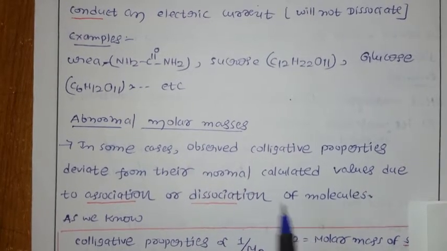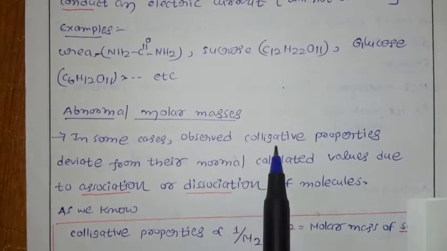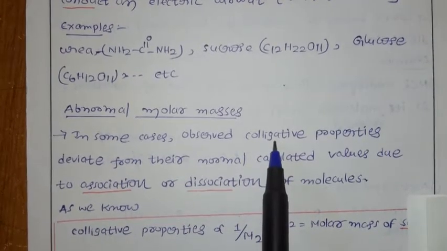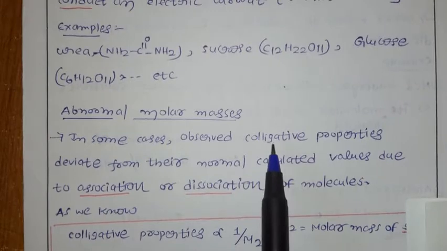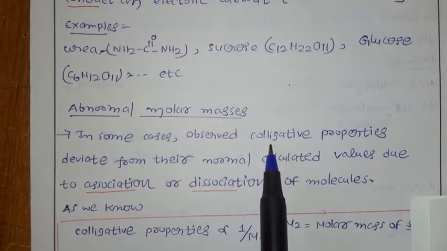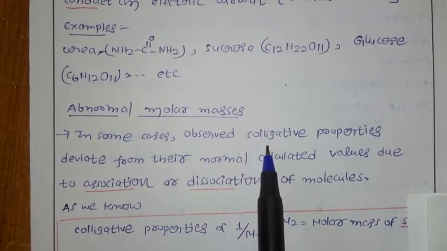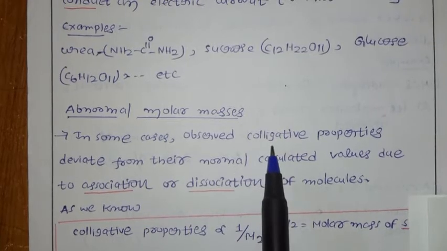Here we already discussed how to calculate colligative properties. For each we have formulas: relative lowering of vapor pressure, elevation of boiling point, depression of freezing point, and osmotic pressure.